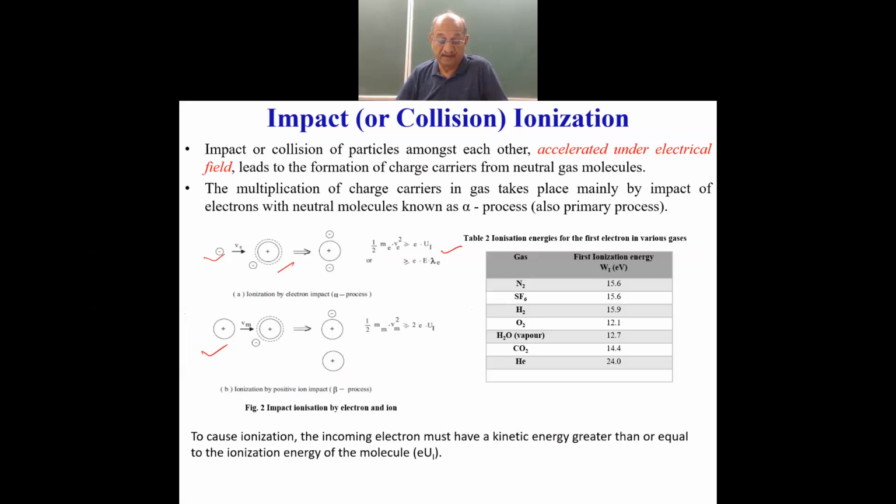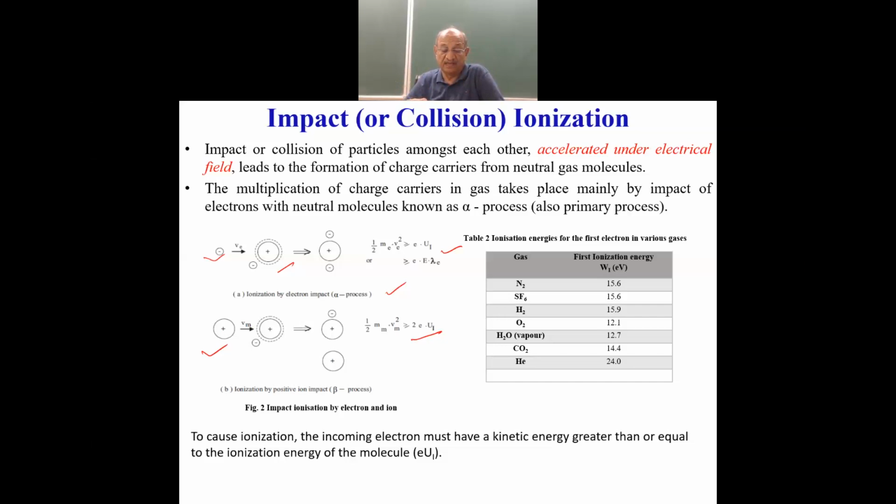In fact, the energy here is 2E ui, where it is only E ui in case of impact ionization. The second one is known as the beta process or secondary ionization process, and the first is the primary ionization process or alpha process.